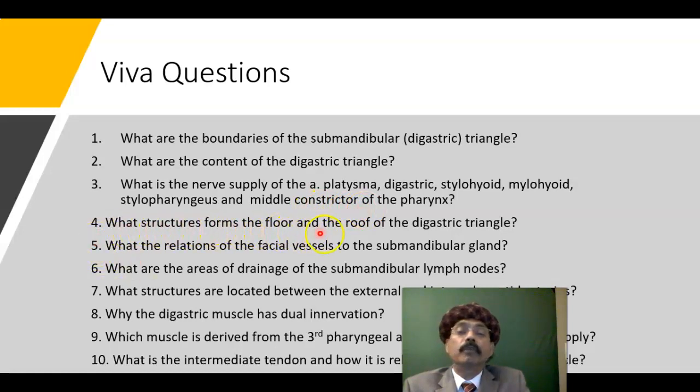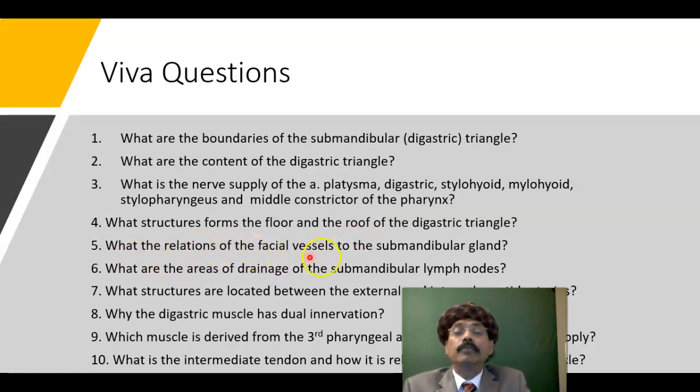What structures form the floor and roof of the digastric triangle? Floor is formed by the mylohyoid, hyoglossus, and partly by the middle constrictor of the pharynx. Roof is formed by the skin, superficial fascia, and the investing layer of the deep cervical fascia.